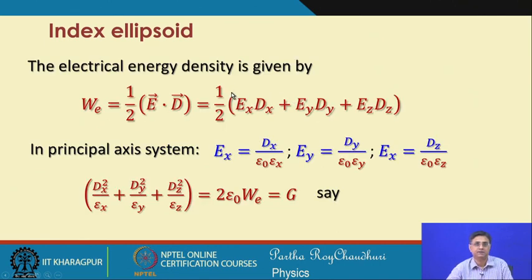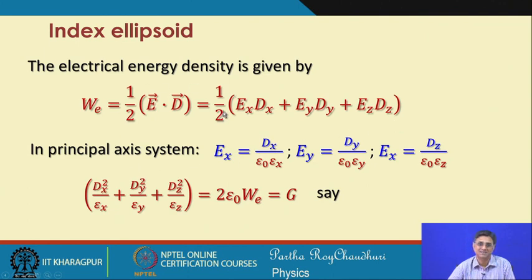To do that, let us recall that the electrical energy density of the electromagnetic waves is given by this quantity. It is only the electrical energy density, so that is why we use omega e. This is equal to half of E dot d, which if you expand in this form, then it will become half of Ex dx plus Ey dy plus Ez dz.